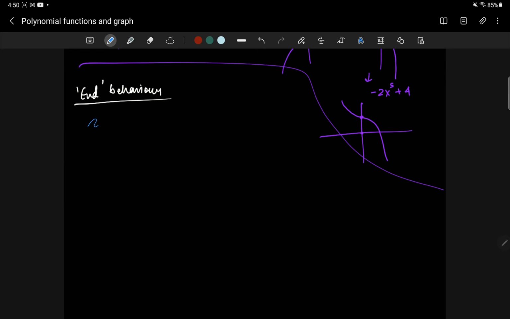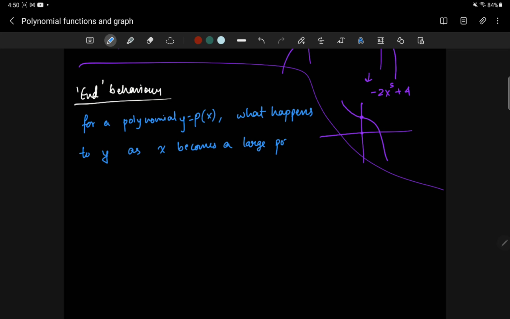What it says is, for a polynomial, say p of x, or y equals p of x, what happens to y as x becomes a large positive number, and what happens to y as x becomes a large negative number.